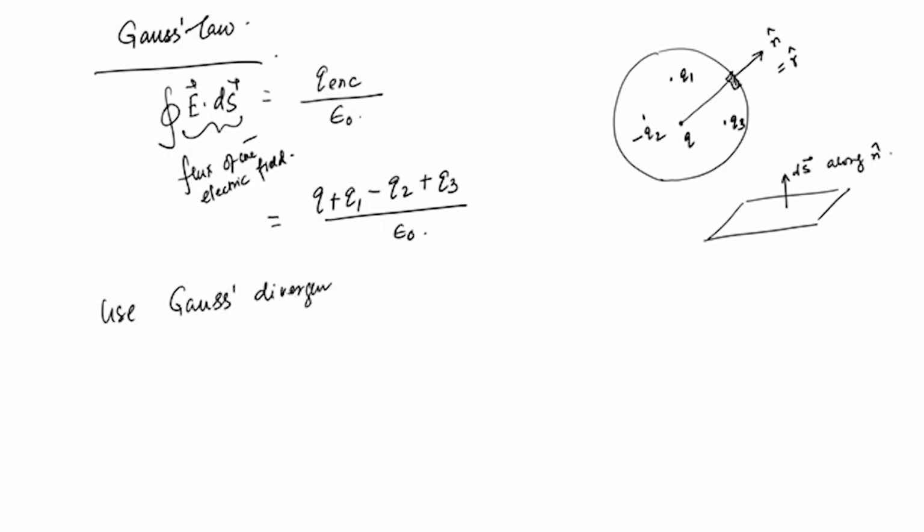It is elementary vector calculus, you can look it up. It says that for any arbitrary vector A, which is a well-behaved vector with all the properties of a vector and so on, the closed surface integral of A dot ds is equal to the volume integral of the divergence of A dV.